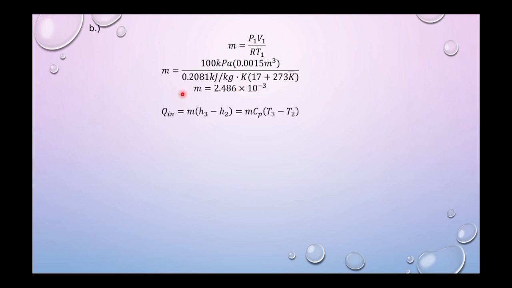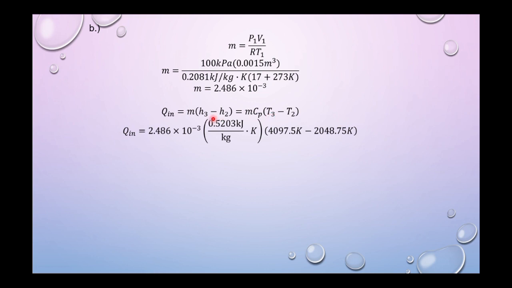To find the Qin, the formula is Qin is equal to mass times H3 minus H2, or equals m Cp times T3 minus T2.